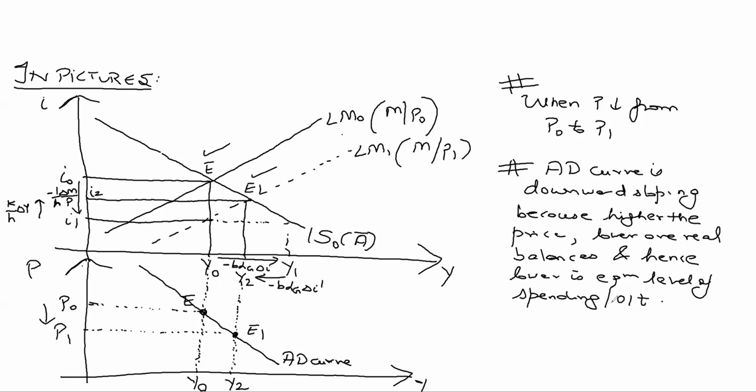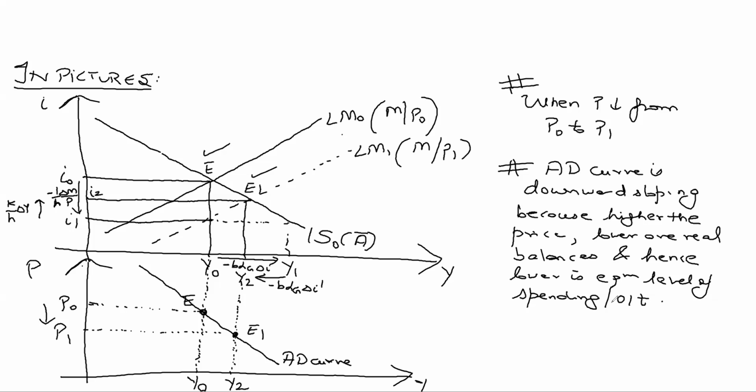Also, all students, please note the Y here does not denote supply. We are not talking about supply. We are talking about demand. Y here denotes equilibrium level of income demanded. Supply will come from the labor market. That is something we will do in this semester. But right now we are not talking about supply.